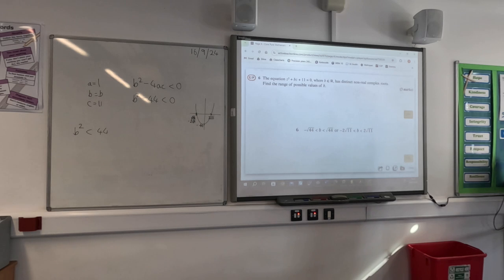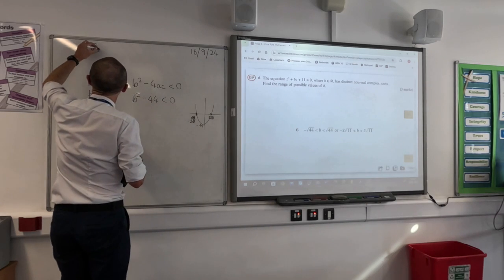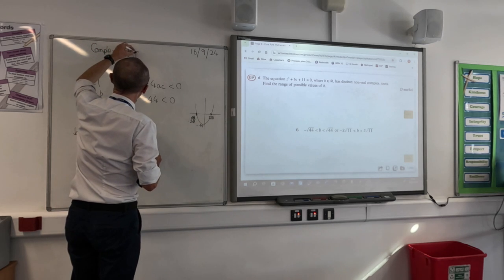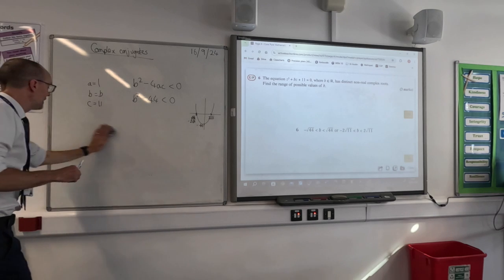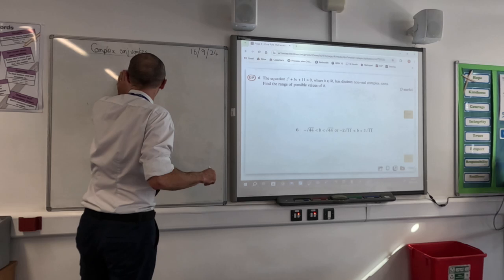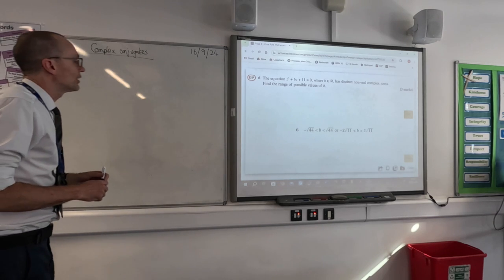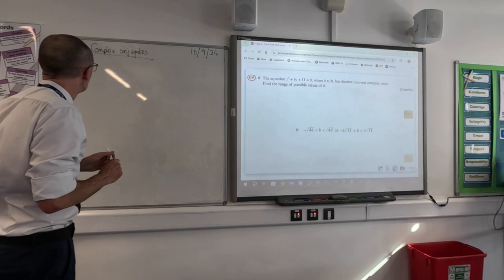We call that pair of answers complex conjugates, which again is yet another example of pompous math terms. It just means that when you solve a quadratic equation and there are no real solutions, you're always going to get a pair of complex solutions.